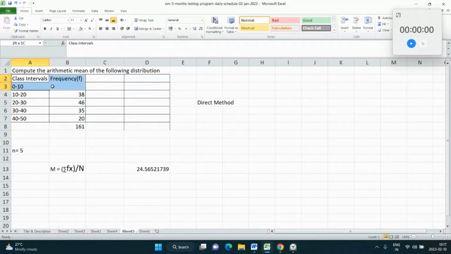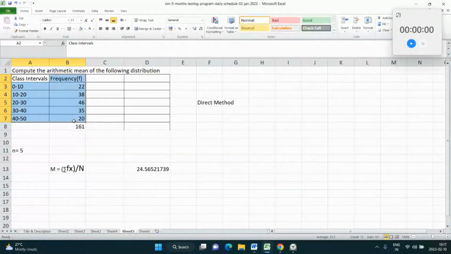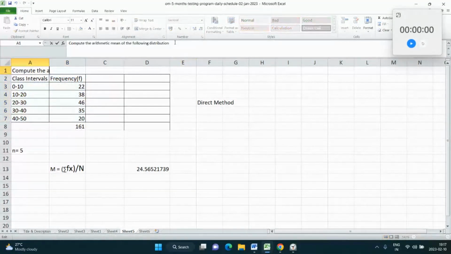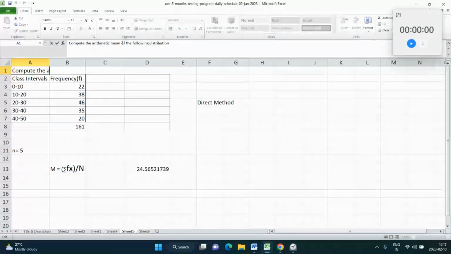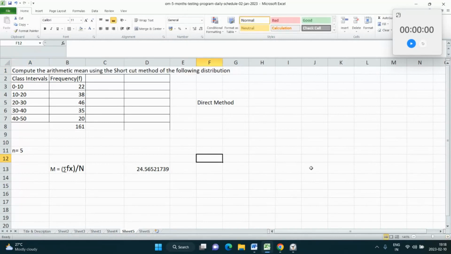For this particular one, take this itself and compute the arithmetic mean using shortcut method for the following distribution. This is your question.